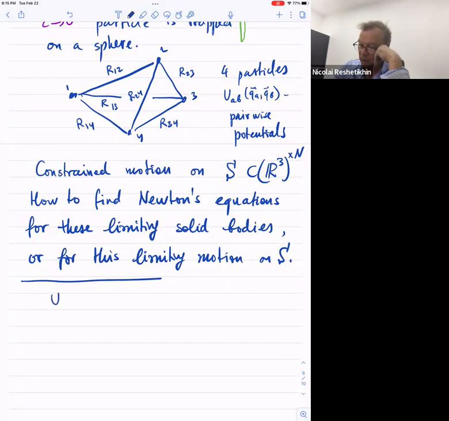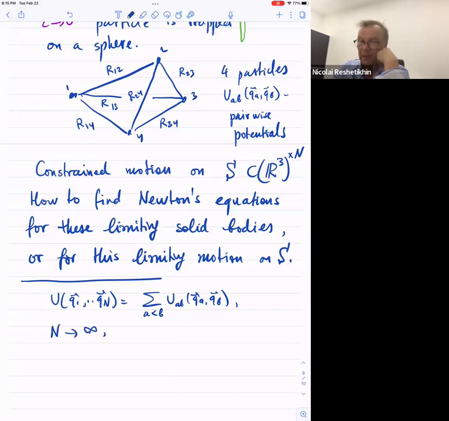Let's assume there are no external forces. So this potential is just the sum over a less than b of U_ab(q_a, q_b), and the number of particles goes to infinity.